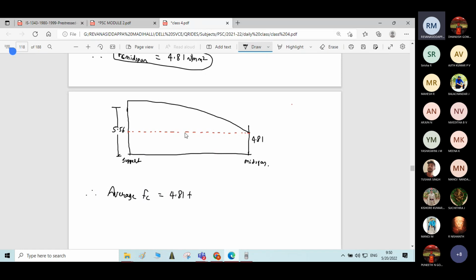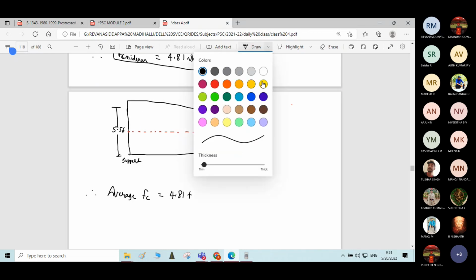After this there is a parabola. This parabola you need to convert into a rectangle. Let me write one more diagram.